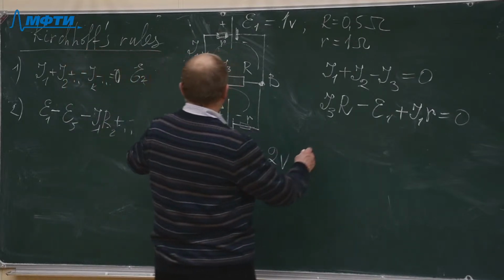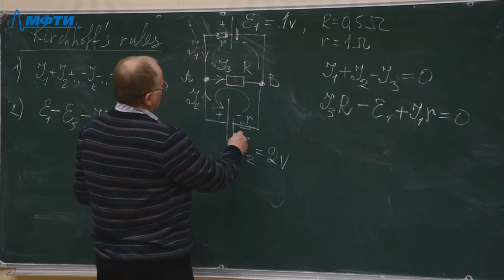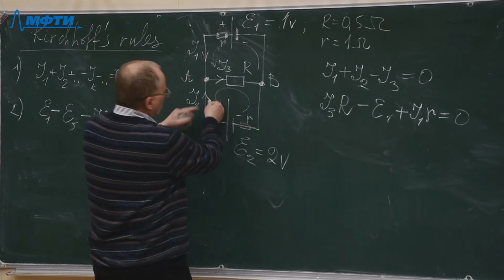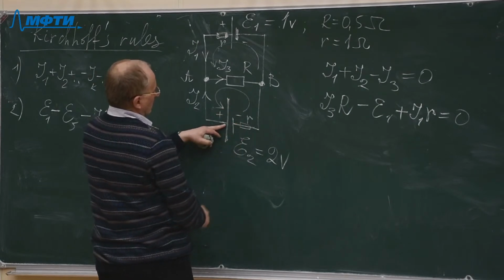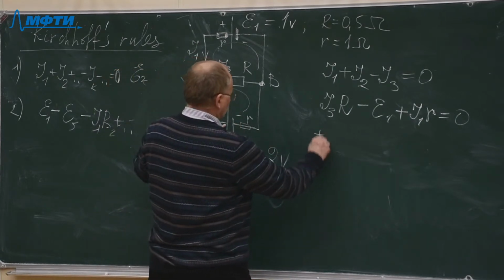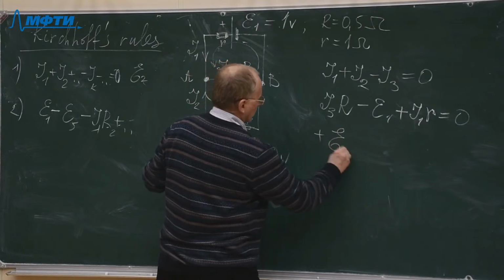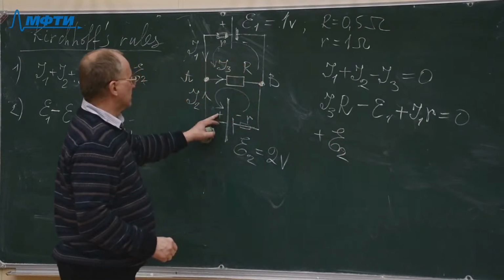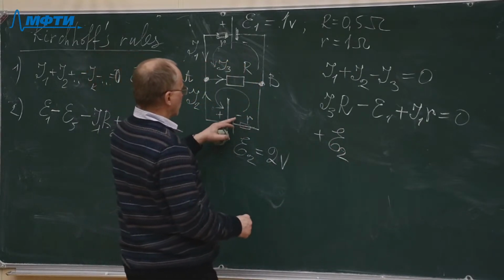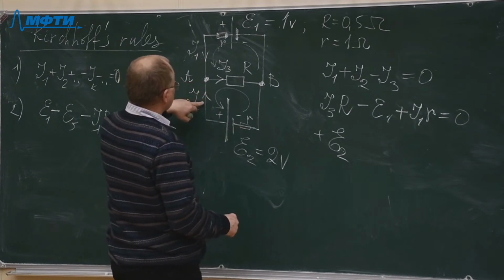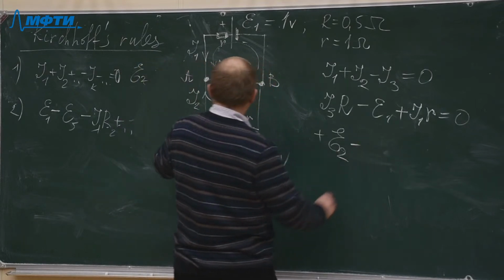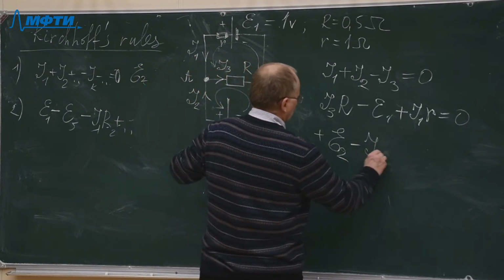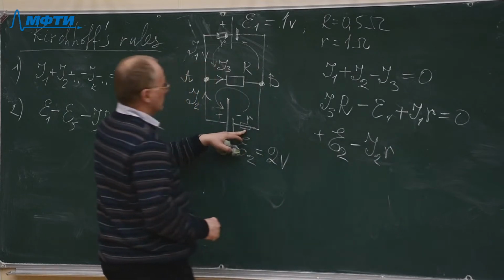And this will give us, if I go from positive to negative part inside the battery, a plus sign for the battery E2, with electromotive force E2. Then I go against the current I2 on the internal resistance. That will give me minus current I2 times the internal resistance of the battery.